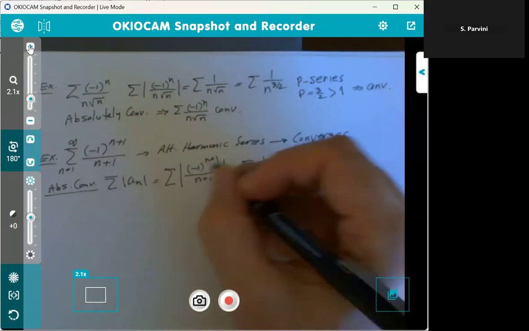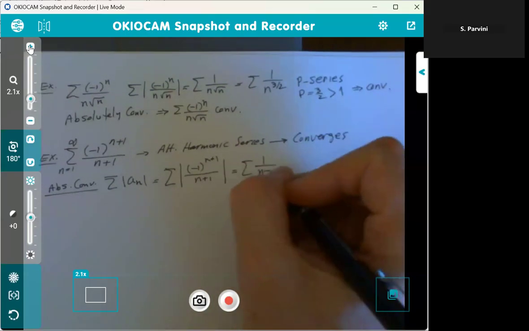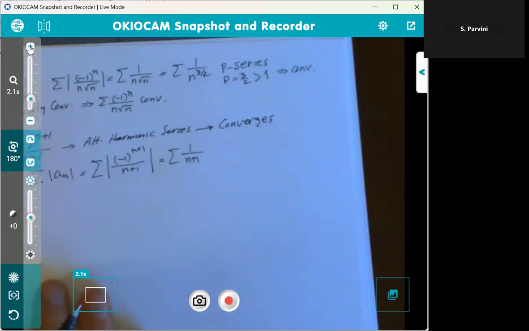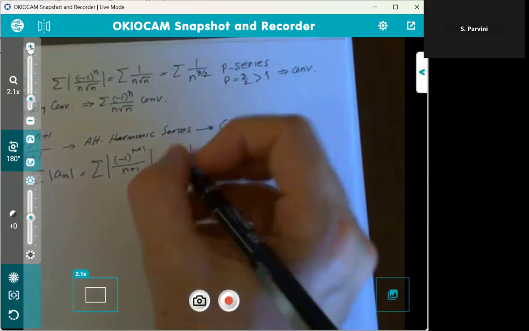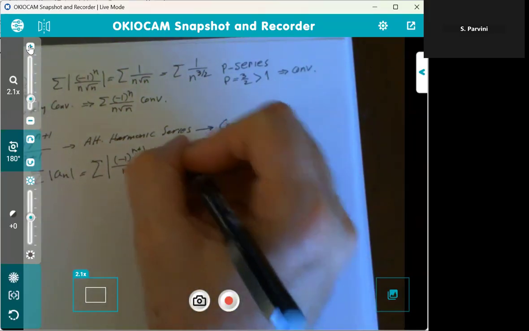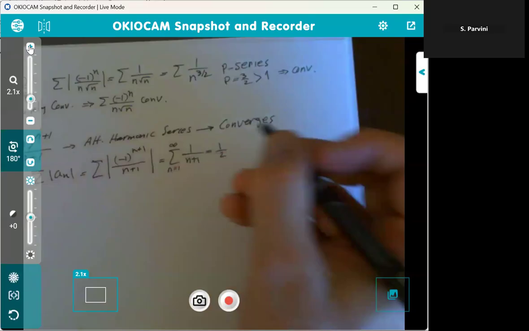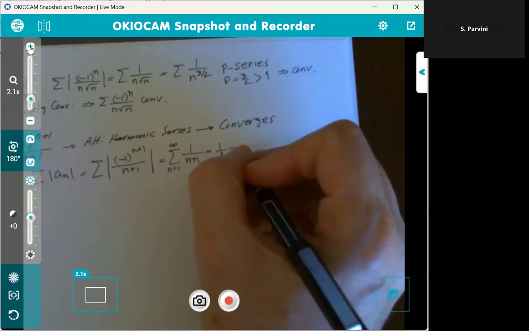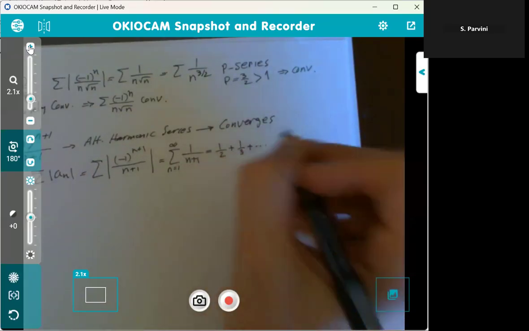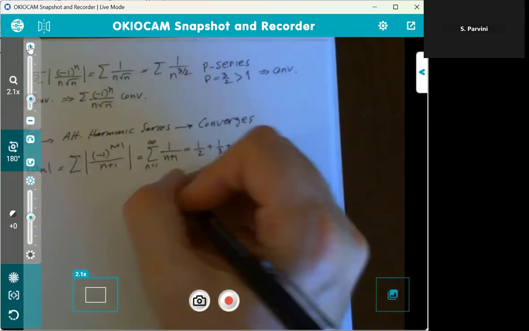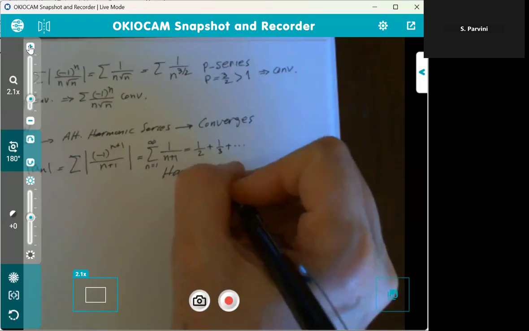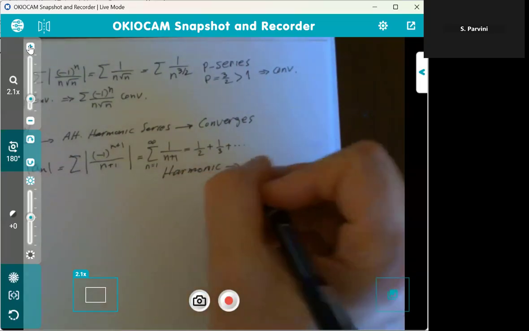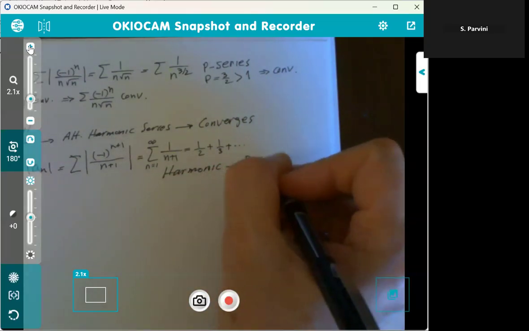We lose the (-1)^(n+1) because now it's always positive. And there you go. Now this series is a harmonic series, right? Instead of starting at 1, it starts from 1/2, a half plus a third, and so on. So this is harmonic, and it diverges.